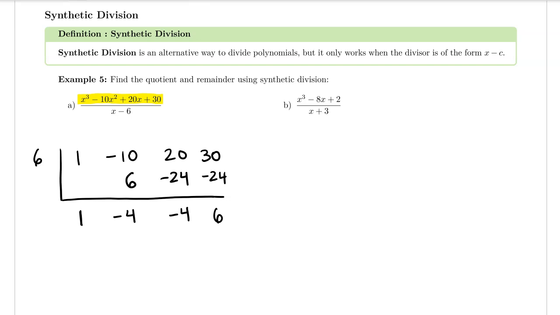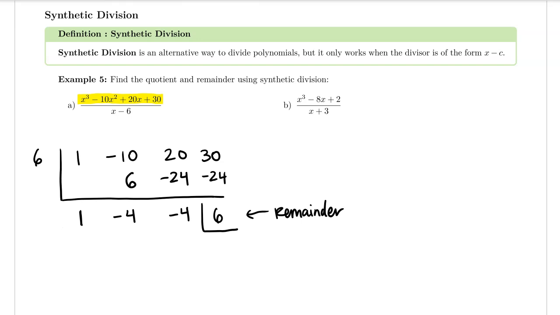So we stop here. The bottom row here outside of our box helps us to get our answer. The very last number in the last column always represents the remainder. And the remaining numbers represent the coefficients of our quotient.